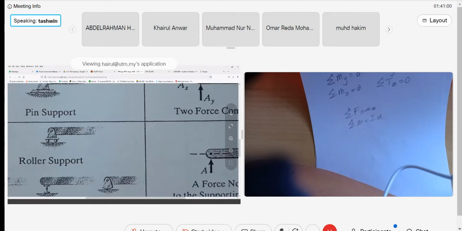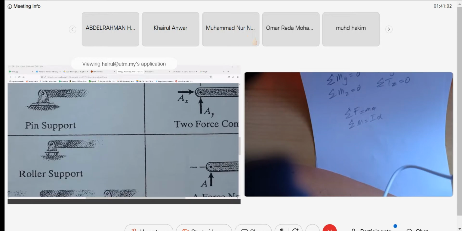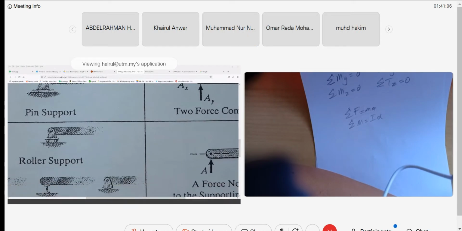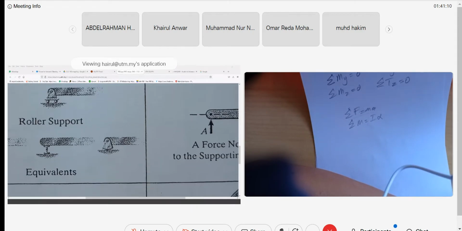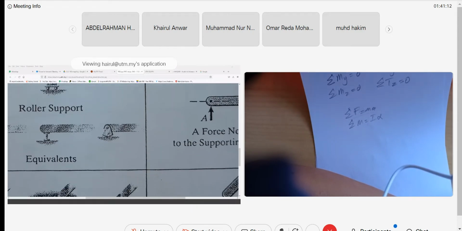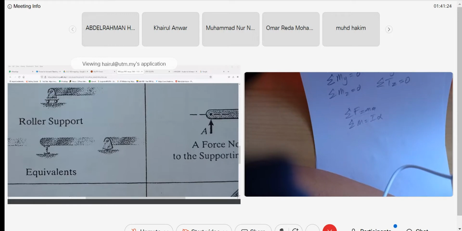Roller support. What is different? Since they are rollers, guys, they are not pin joints, because the reaction from the roller is a normal force. Something like a landing leg, a shoe-like support, is similar to a roller. A structure supported by the ground through a flat or curved shoe is similar to a roller.